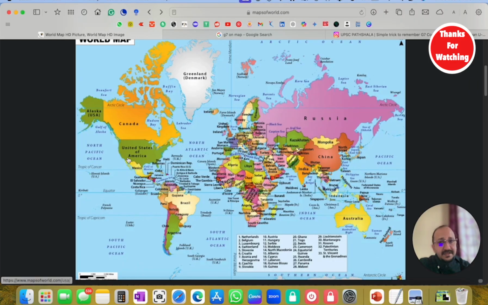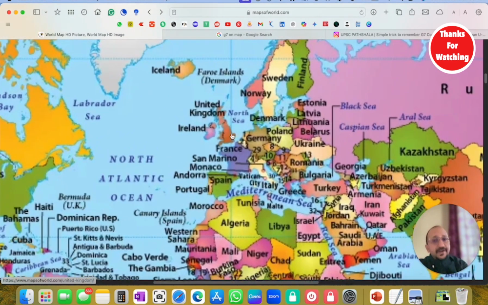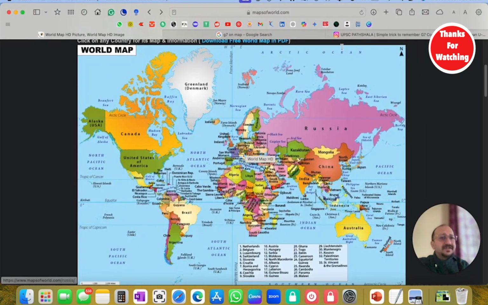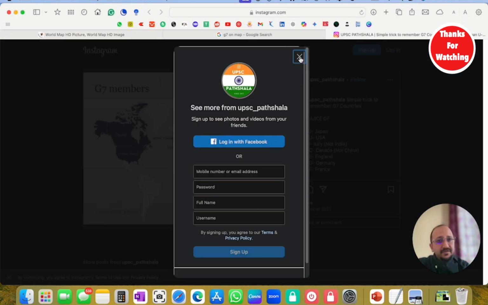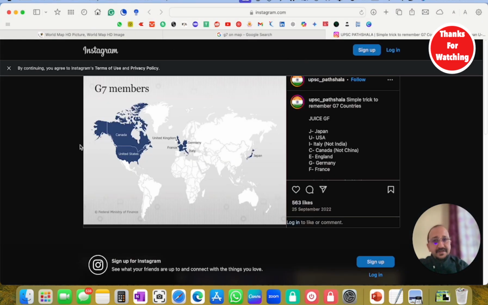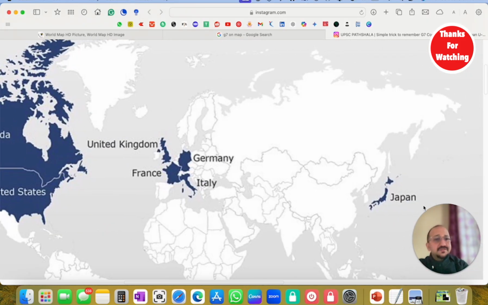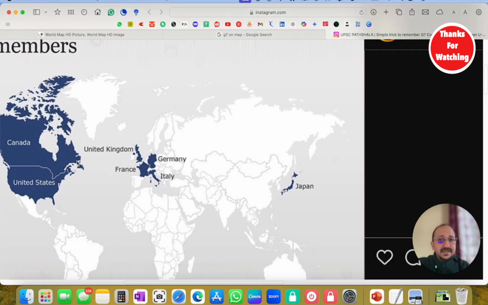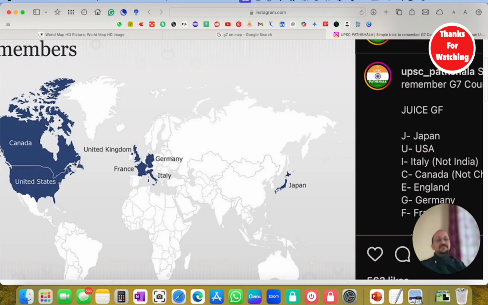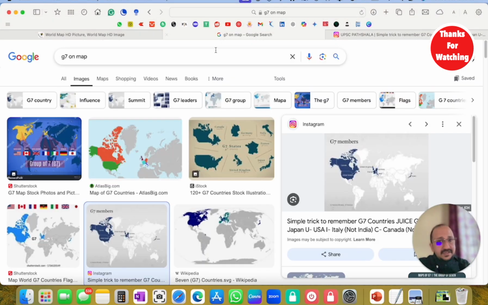These are the NATO countries. These are very rich countries. G7 countries are some of the richest countries of the world. See, Canada, United Kingdom, Germany, Italy, and these are the only countries. And Japan is the protectorate of the United States. Means the United States is the big brother of Japan. Whatever happens in Japan, the United States will take care of that. I hope this is clear to everyone.